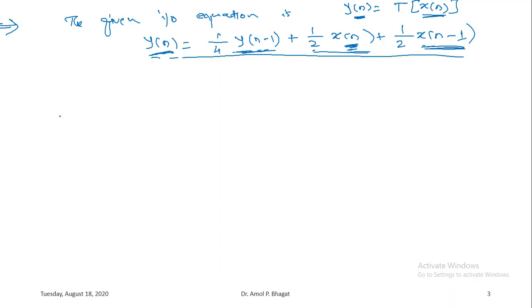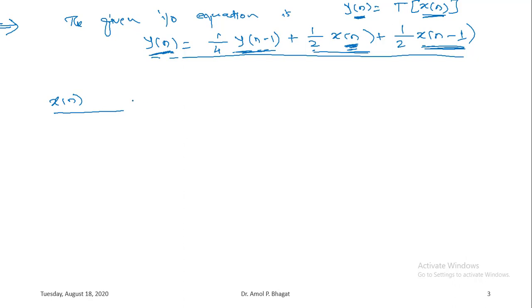Initially we will realize the input part. Here we will be applying the input x of n. The input is getting multiplied with 1 by 2, that is nothing but 0.5. Similarly, in the second term it is delayed by one time unit and again multiplied with 0.5.